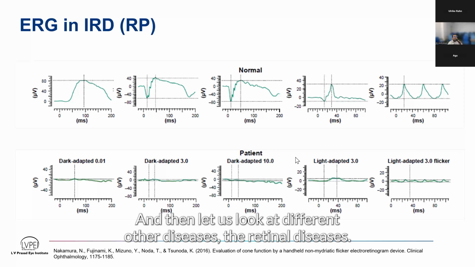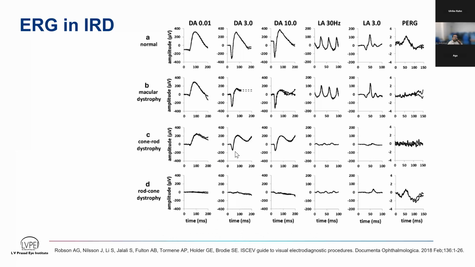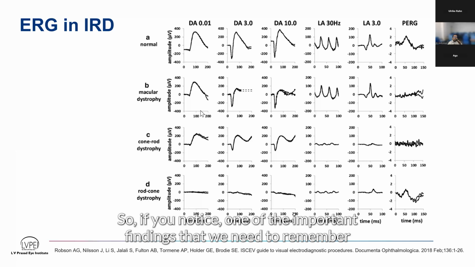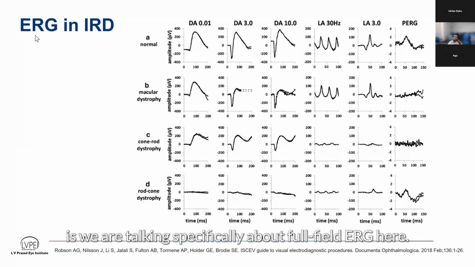Let us look at other retinal diseases. Again we have normal ERGs on the top row, and then we have different dystrophies on each of these rows. One of the important findings to remember is that we are talking specifically about full field ERG here.